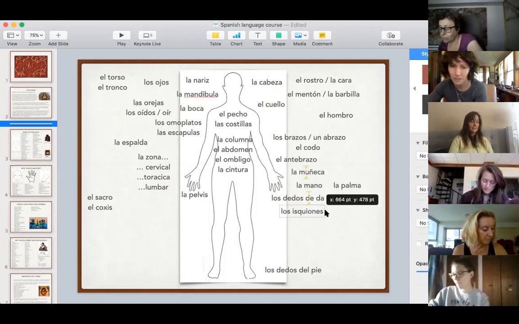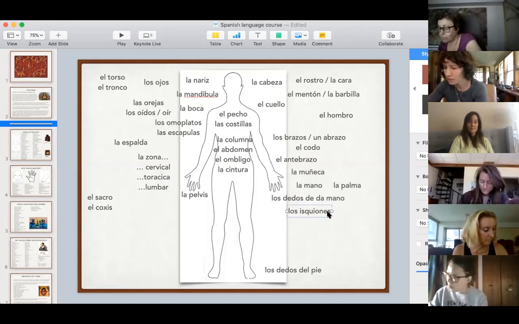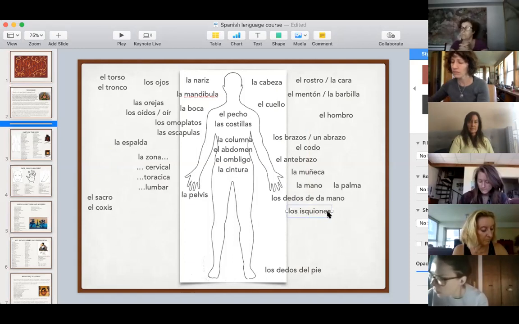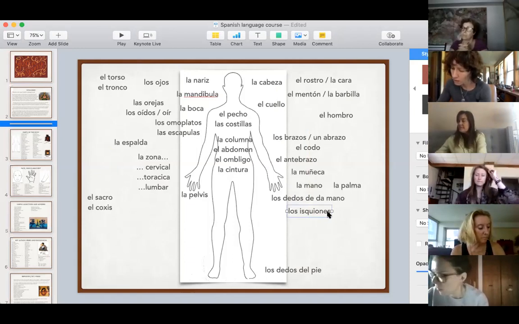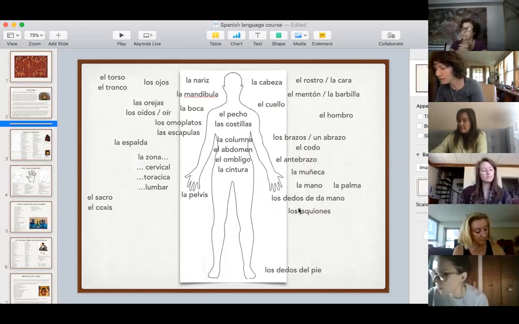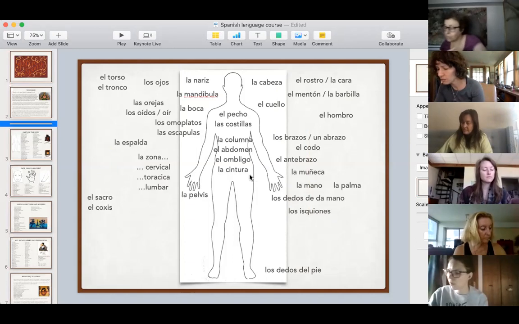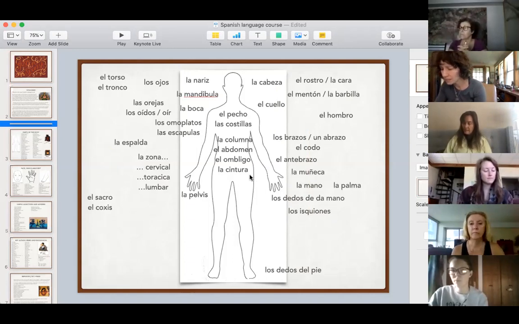Los isquiones are your sit bones, because they're basically those parts that protrude, and that's what a tuberosity is. It's like a sticky out bit, right? Where muscles can attach. So that's your ischium, okay? Los isquiones, good.